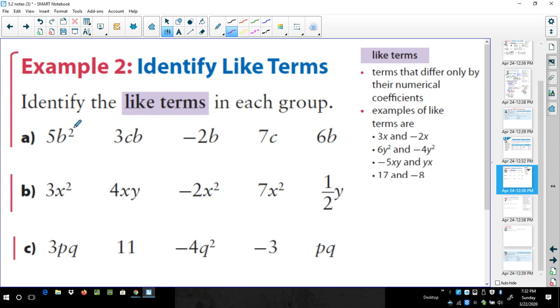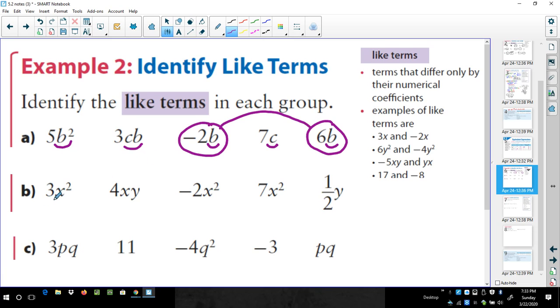So here, 5b squared, so the b squared, cb, b, c, and b. When I compare all of these, the ones that are alike are the 6b and the negative 2b, because they both have b as their variable.